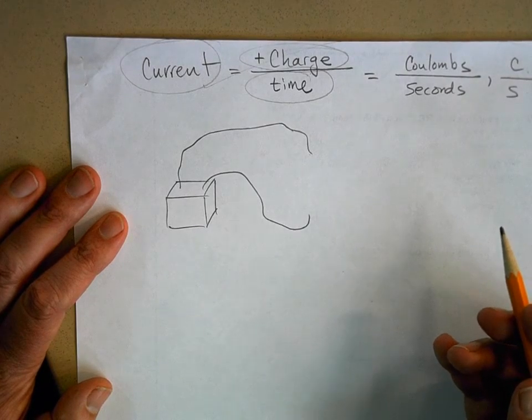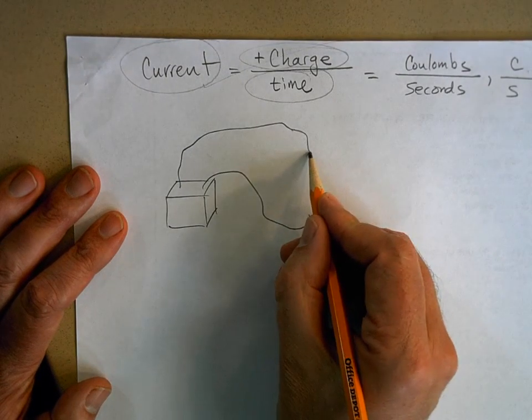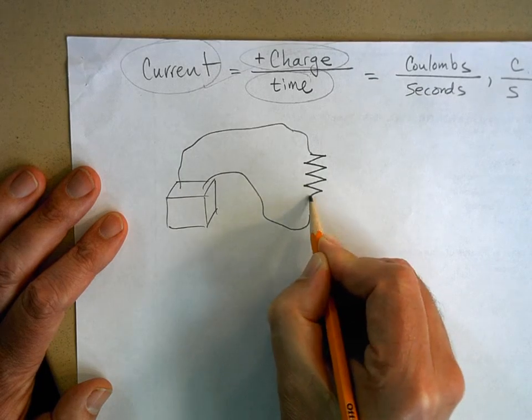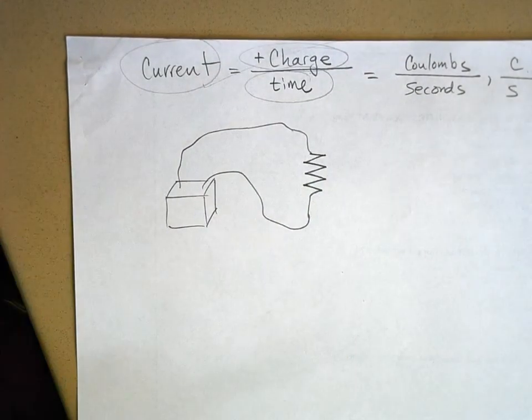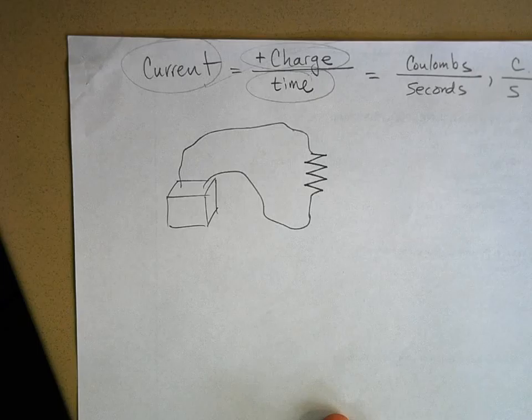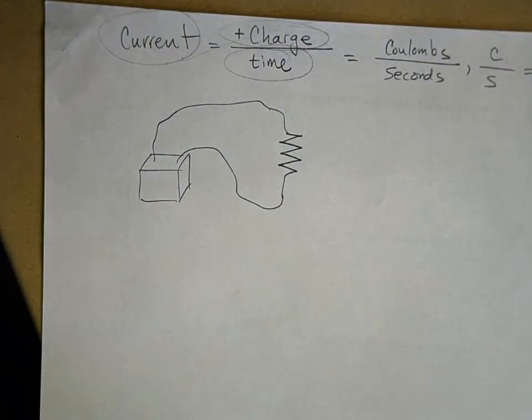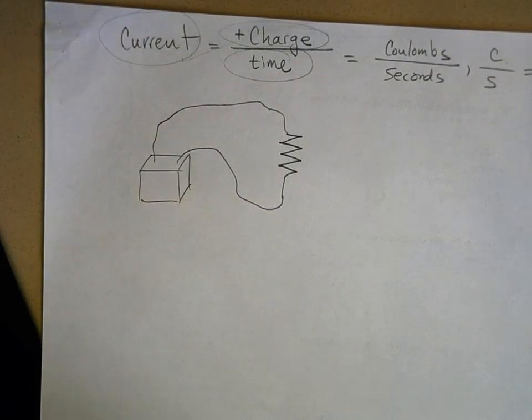We have a symbol for that. I don't know what it is, so I'm just going to draw this little zigzaggy thing. What does the little zigzaggy thing represent? It represents something that's going to use the energy that's flowing through that circuit, carried by the current, carried by the charge. Okay?